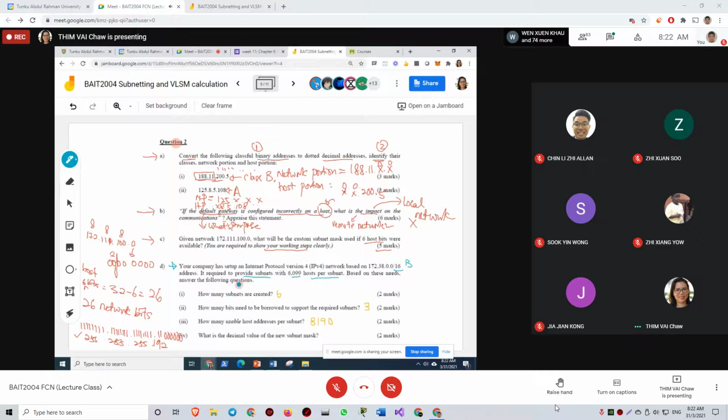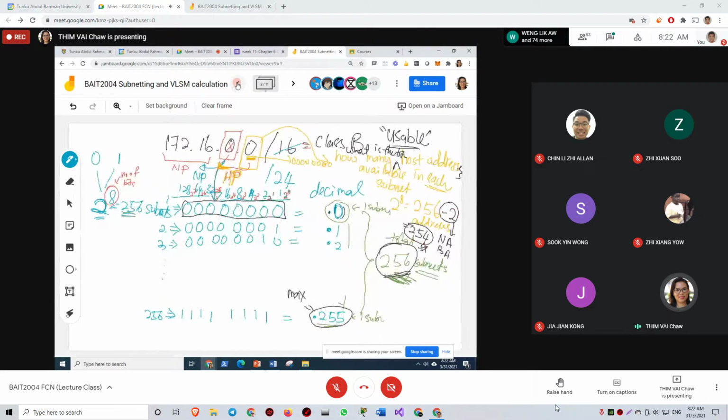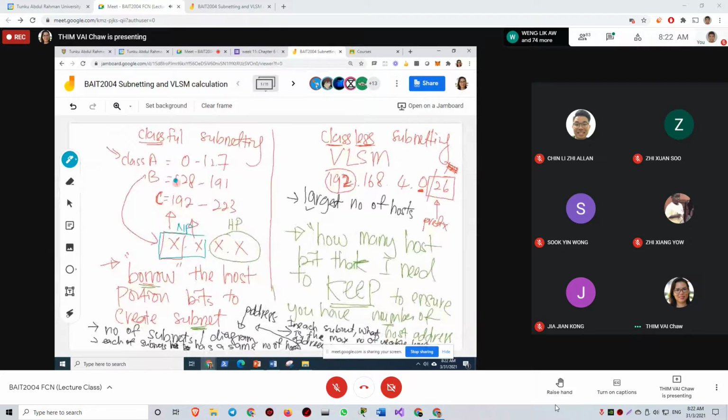On the first slide I did mention that they are using classful subnetting. At that moment, he did not tell you the number of subnets he needed, but he told you the number of host addresses needed.